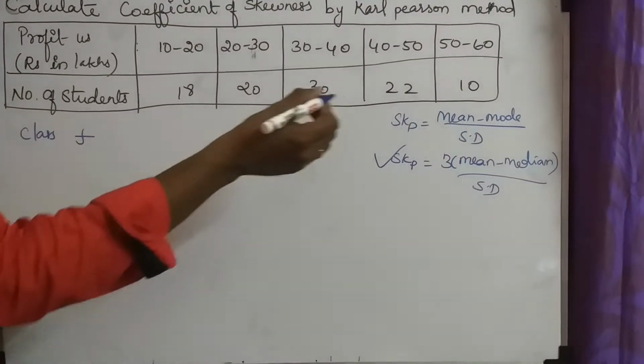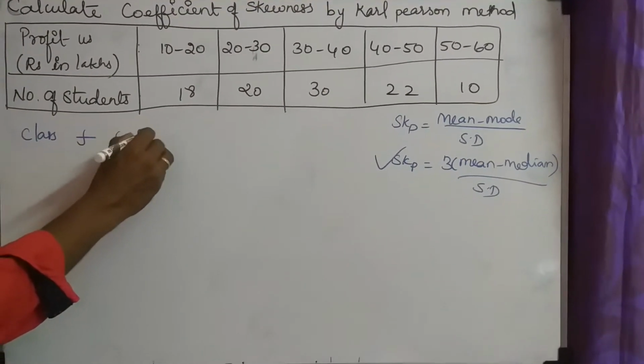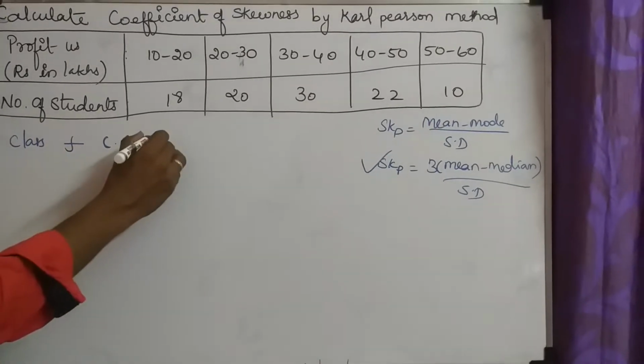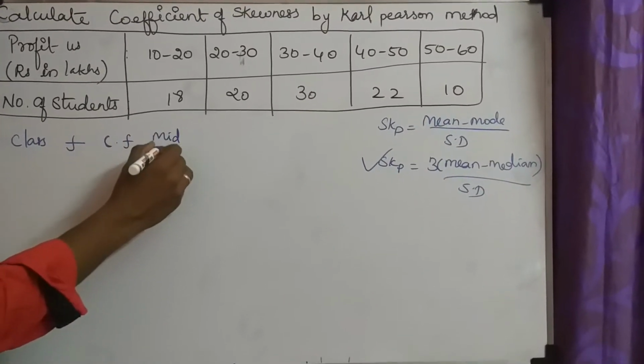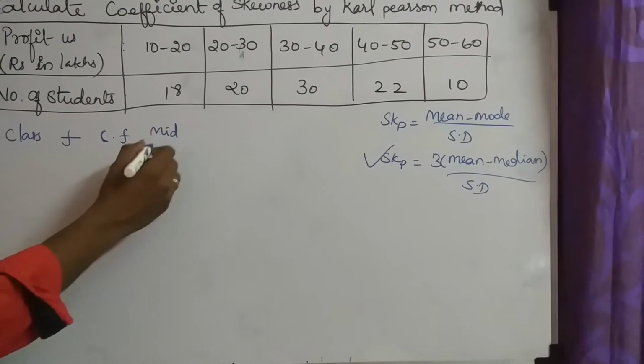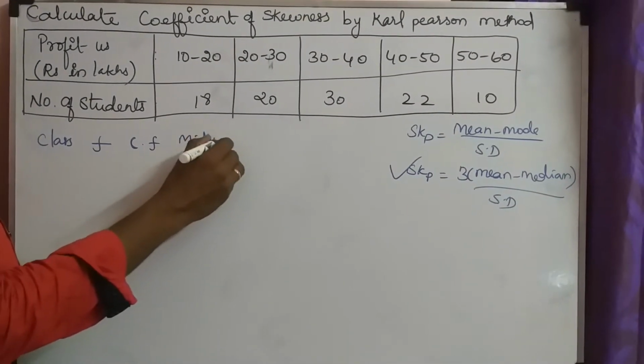Next, to find the median, write CF, and then the mid value. The mid value is used for calculating the mean.